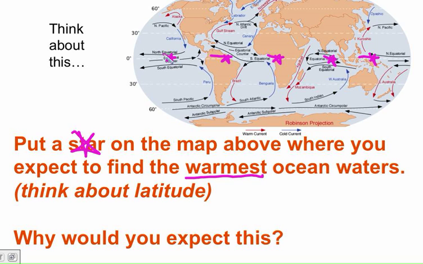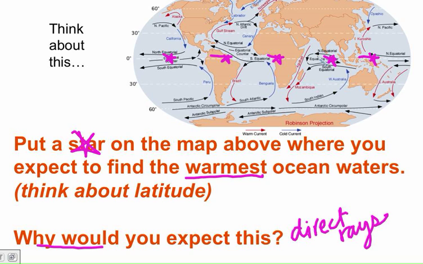And of course we know the equator is the warmest not because it's by the equator, but because of the amount of direct rays that area gets throughout the course of the year. Much more direct rays shine on the equator throughout the year, giving it overall warmer temps, just like we see with the land.